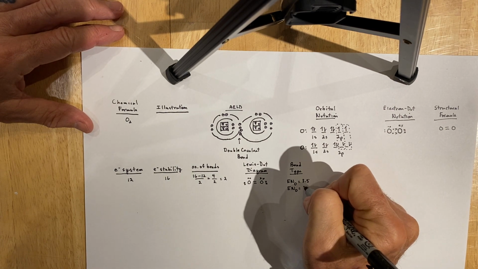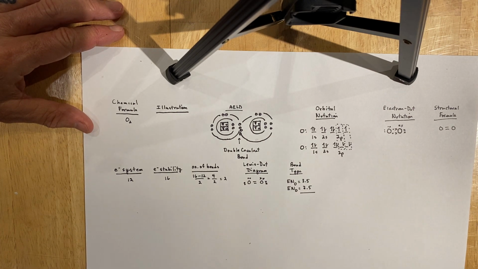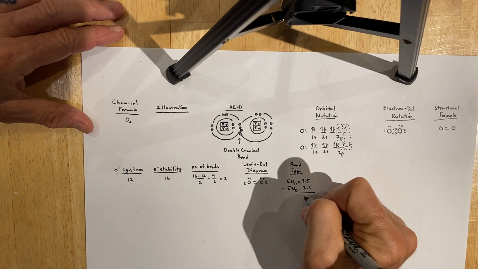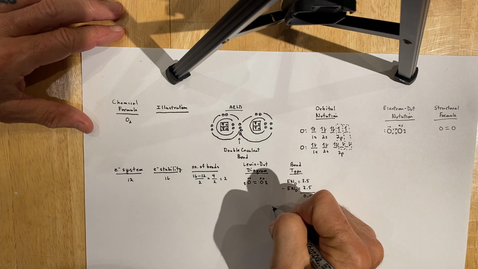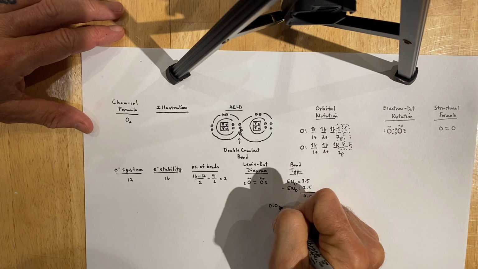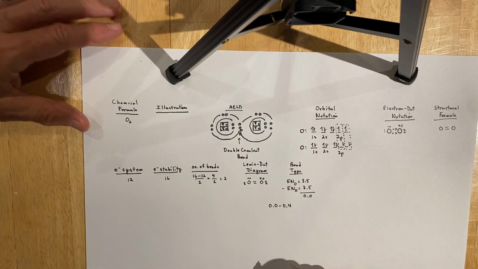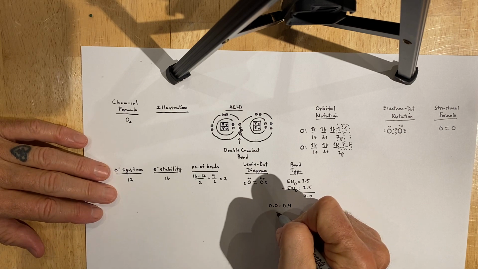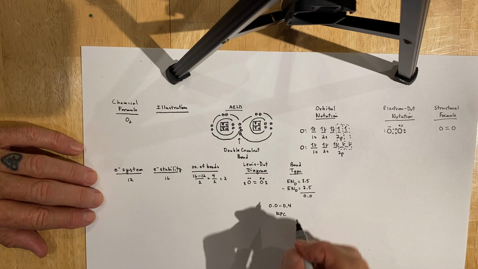You may get different values, depending upon which periodic table or source you use, but it should be pretty close to that. The difference between those is 0.0, which, if you remember, there's a sliding scale that between 0.0 and 0.4, an electronegativity difference between 2 atoms in that zone is identified as being nonpolar covalent.